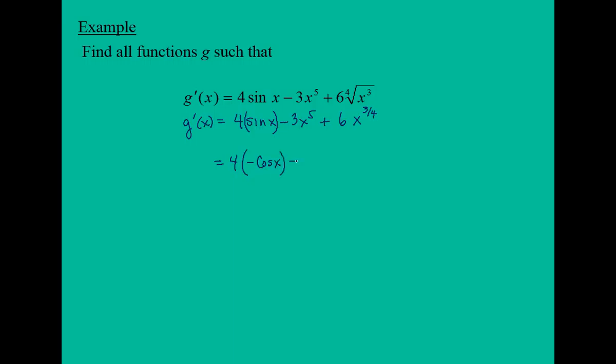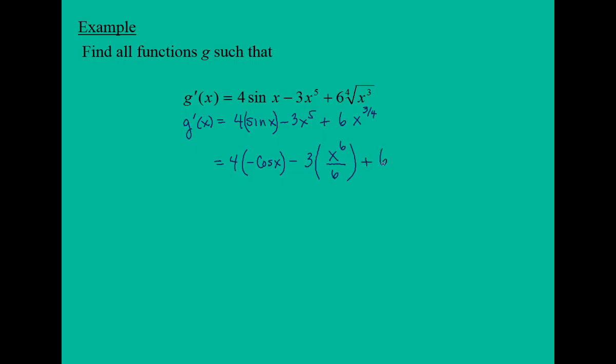With the second term, same idea. We're going to find the antiderivative of x to the fifth and then multiply it by 3. Well, the general rule we saw, we would add 1 to the exponent and then divide by that same power. So there's the antiderivative of 3x to the fifth.